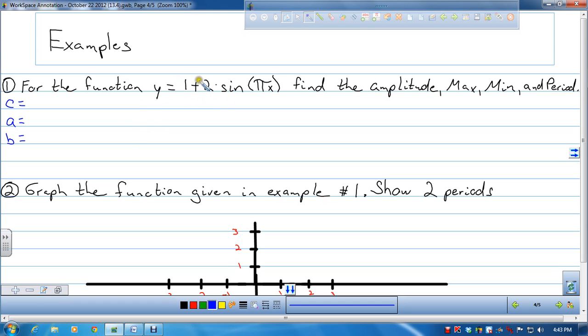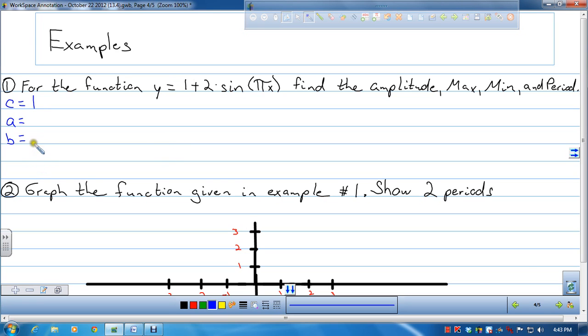Now sometimes C will be at the beginning, like it is here. So here my C is 1. Sometimes, however, you'll see some books or some different textbooks will have that C value out here at the end. I like to have it up front because sometimes when you put it out here at the end, people have a tendency to get it mixed up or blended in with what you're taking the sine of. So when I write it, I'll have it at the beginning here.